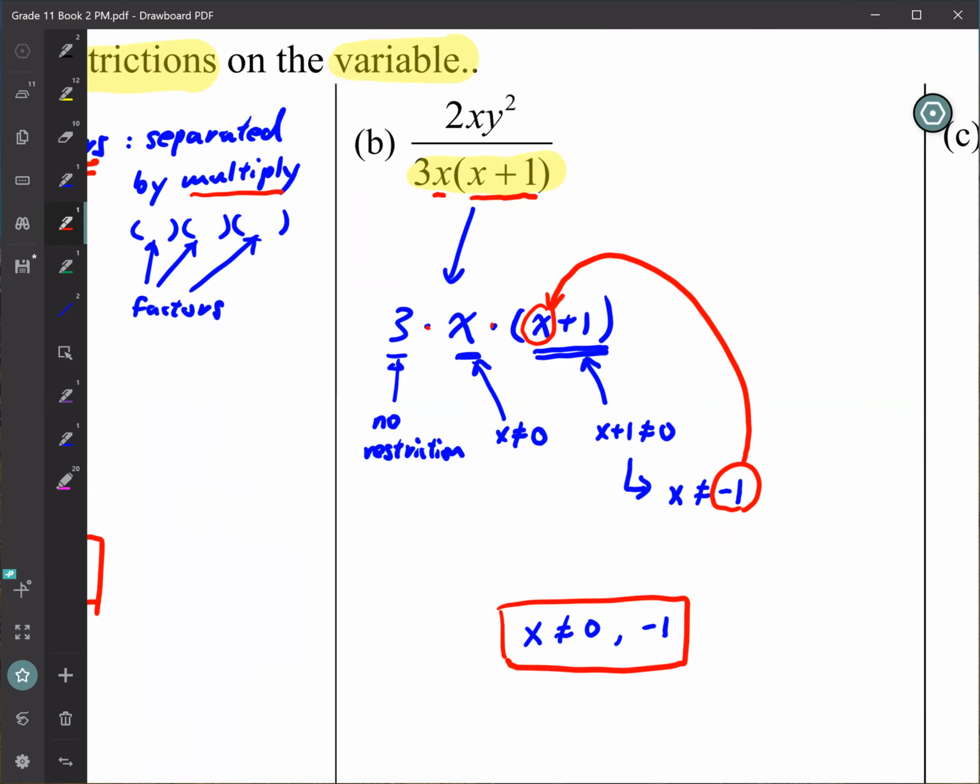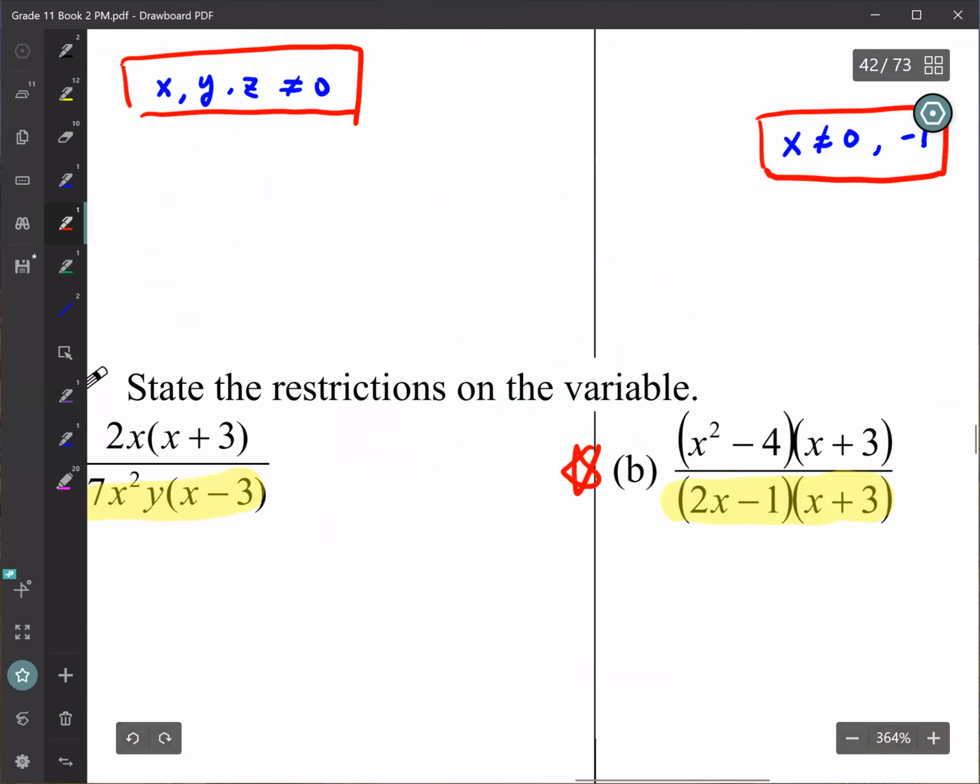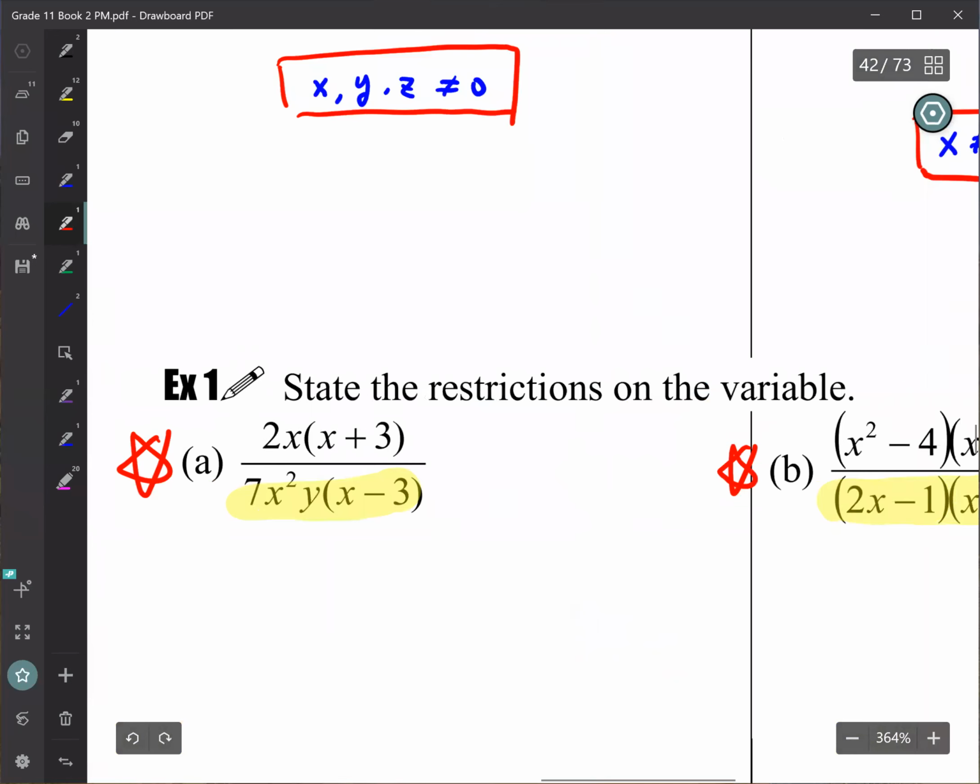If you look at the question you are working on, what number will make this bracket become 0? 3. Yeah, so x cannot be 3. Make sense? You are not allowed to use 3 as x because it makes it undefined.